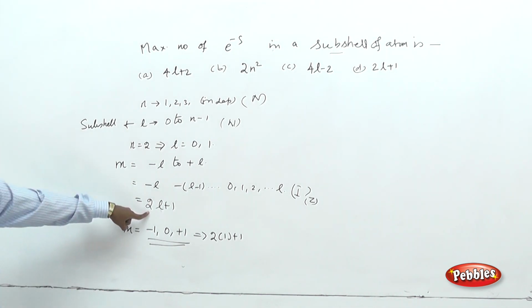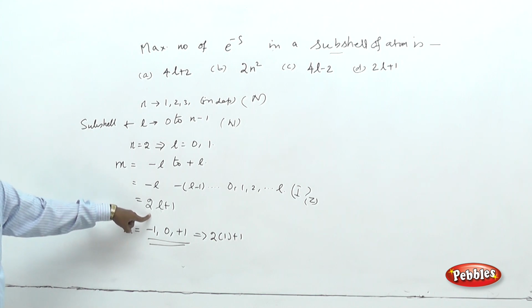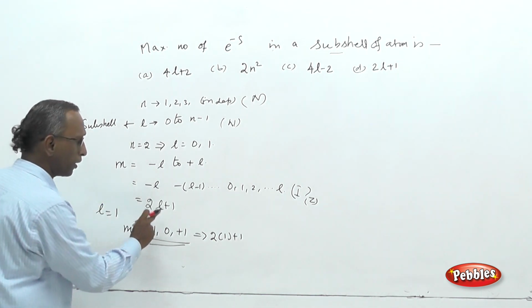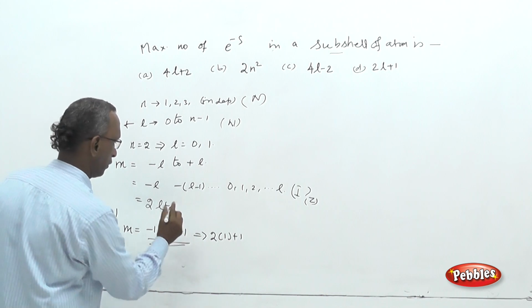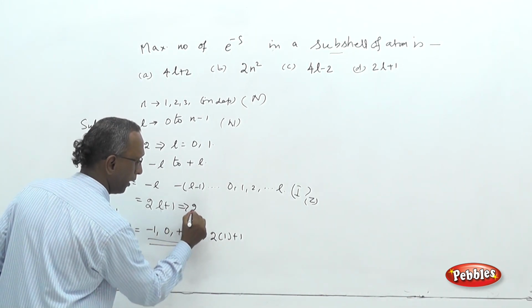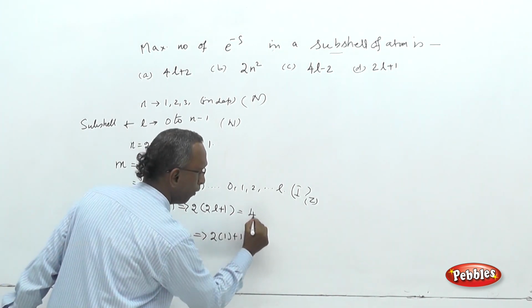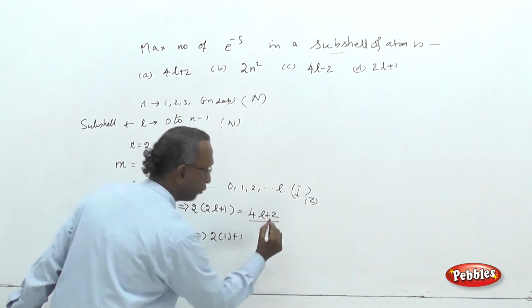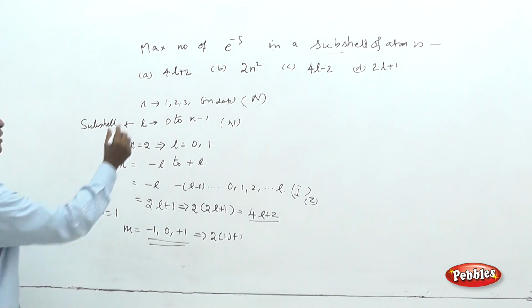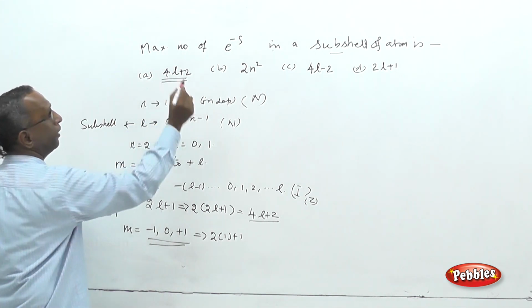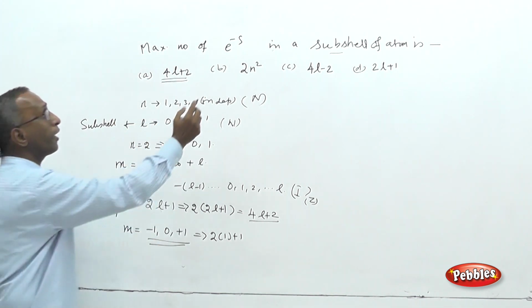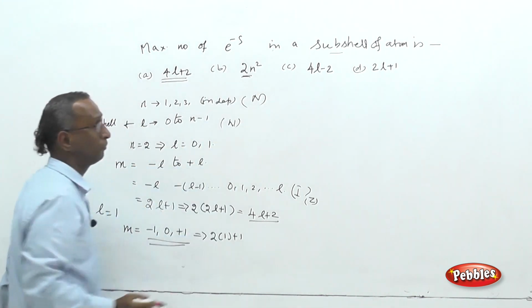There are 3 orbitals for the p subshell, as we have studied. In each orbital there are at most 2 electrons. So if you multiply 2 into 2l plus 1, it gives 4l plus 2. So the total number of electrons in a subshell is 4l plus 2. The total number of electrons in a shell is 2n squared.